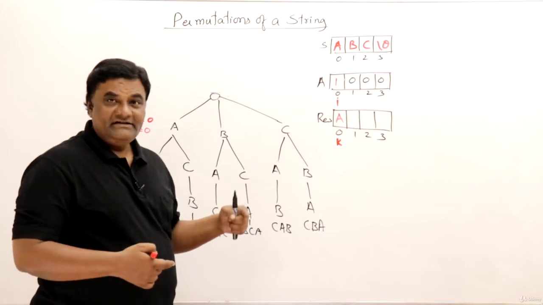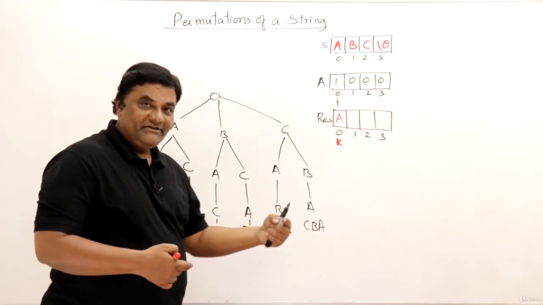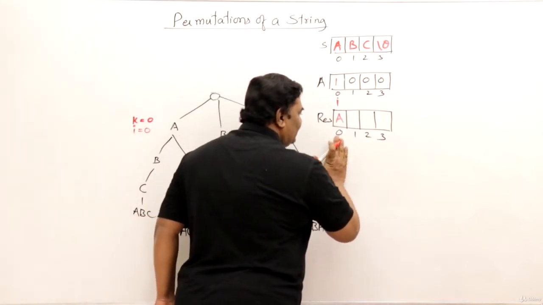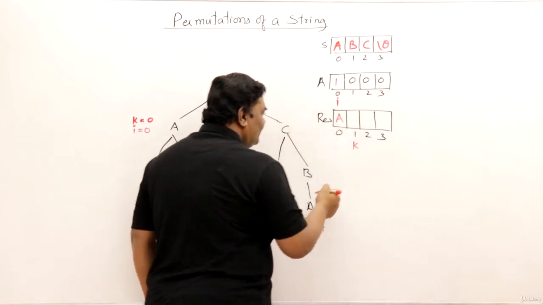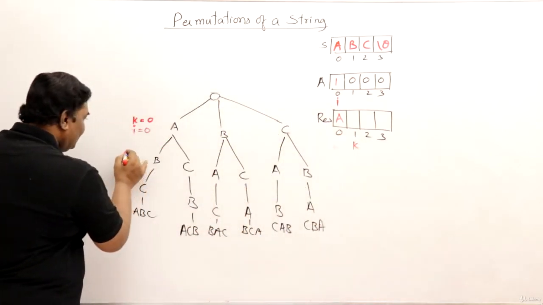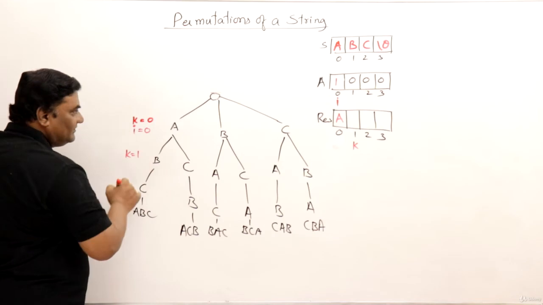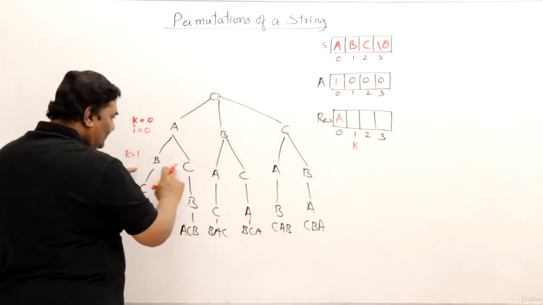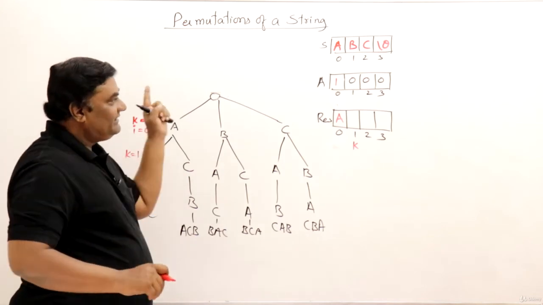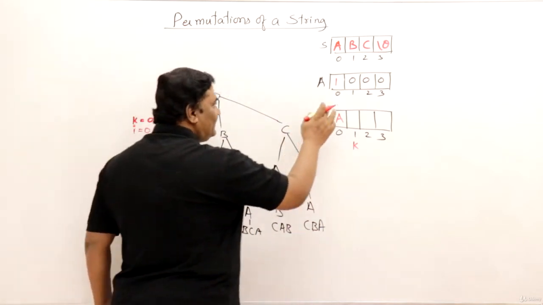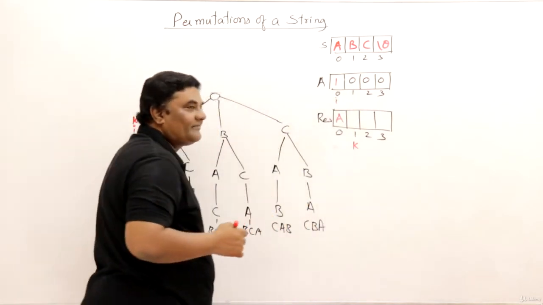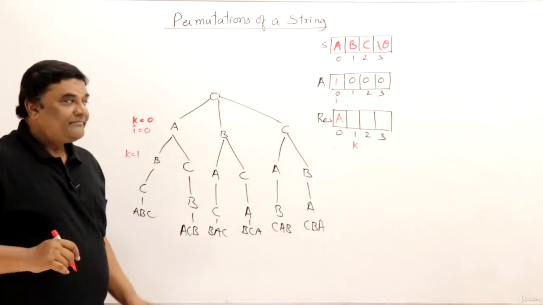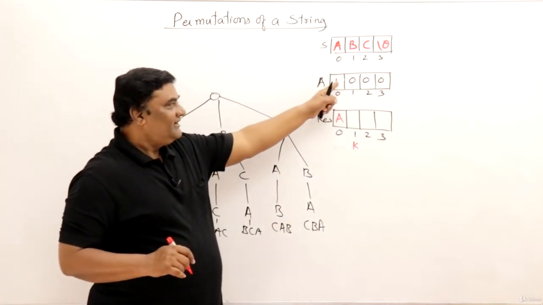When it is calling again, it will call for the next level, so K should be at the next location. At this level, K is at 1. Now what about I? At this level also, I should scan through the entire string, so again start I from 0.